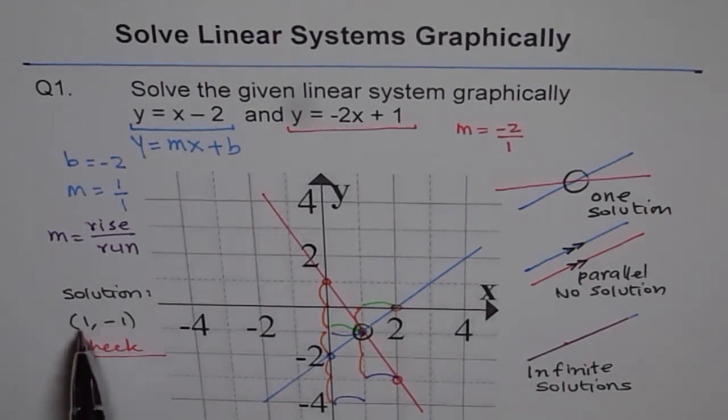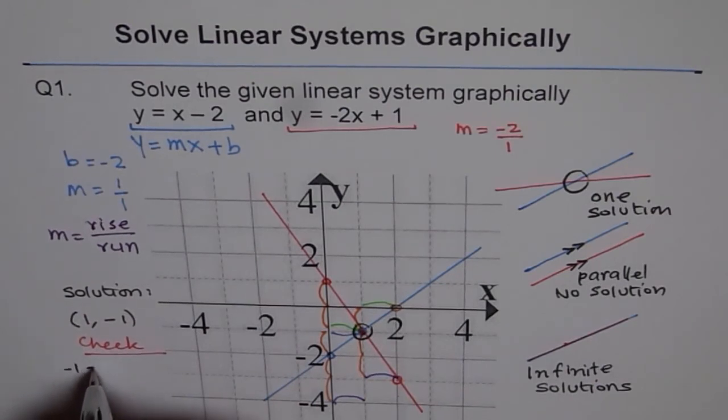Second is to plug in both x and y. So we'll write x as 1, y as minus 1 and see if the equation is true. So minus 1 equals 1 for x, 1 minus 2. Yes, I get minus 1 equals minus 1. So that's perfect.